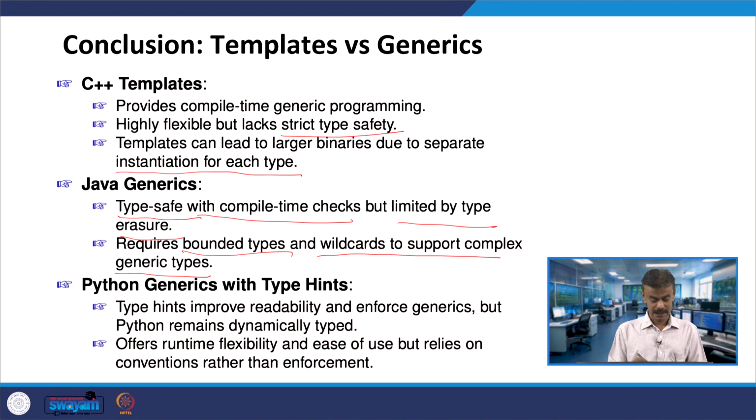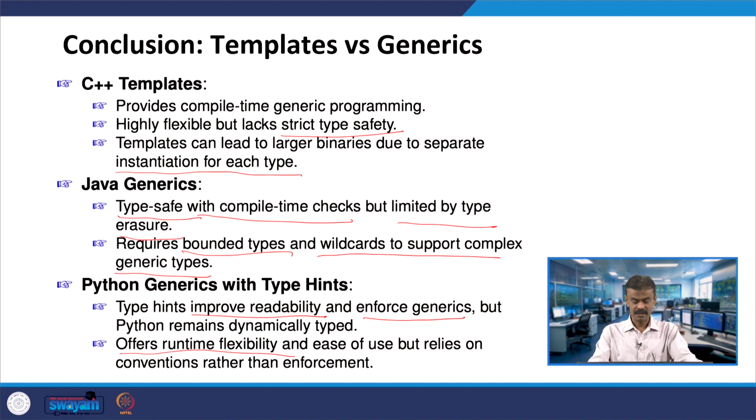So, this gives improved readability. The only thing is, those who are learning Python for the first time should practice the initial code, and then when you come to generics, you can find the beauty of this particular interpreter. You have improved readability and generics, but Python remains dynamically typed. Whereas in C++ it is compile time, here it is offering runtime flexibility.